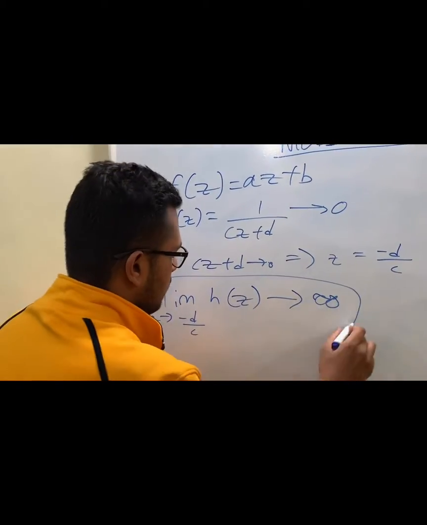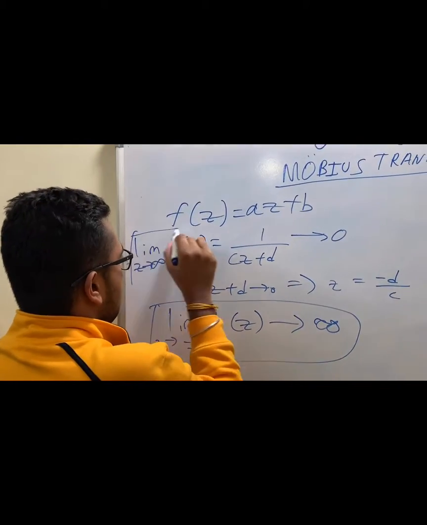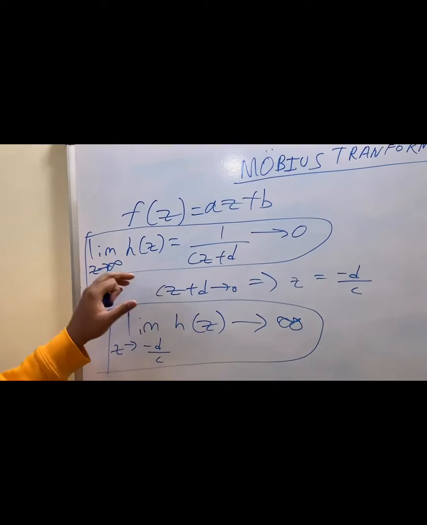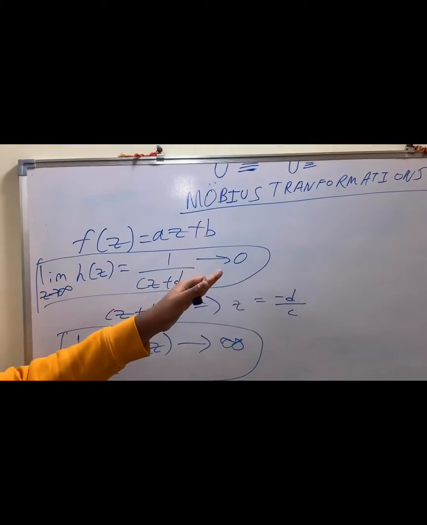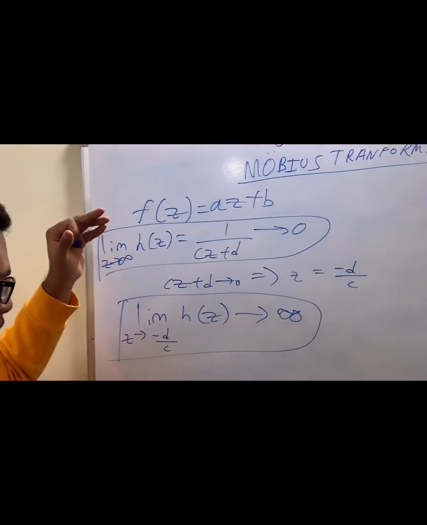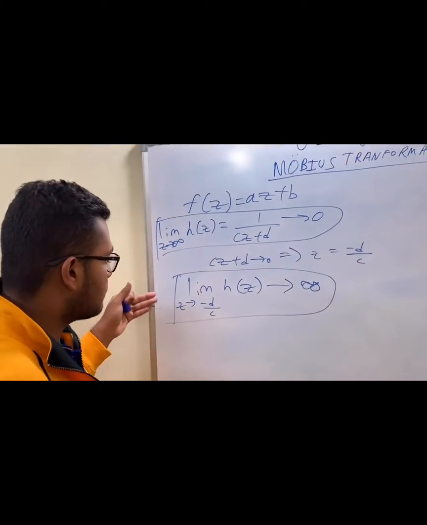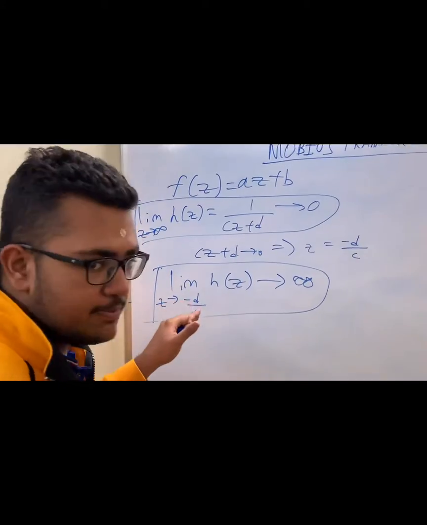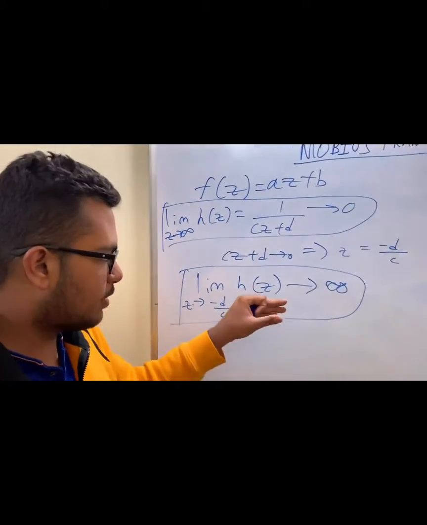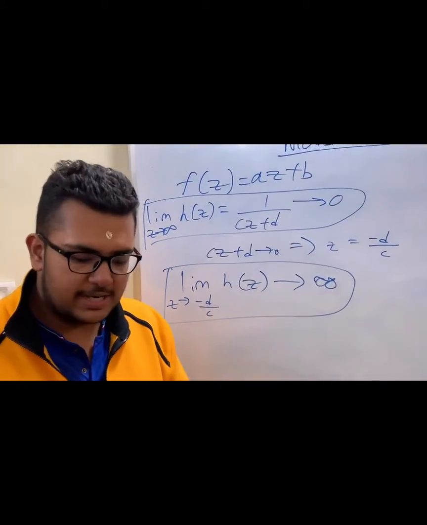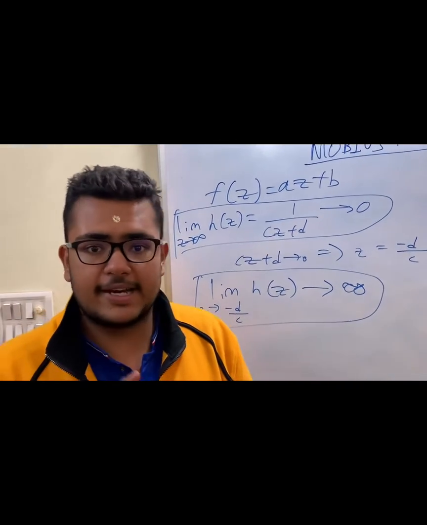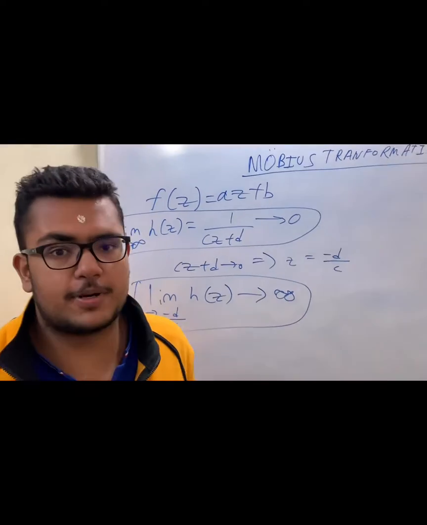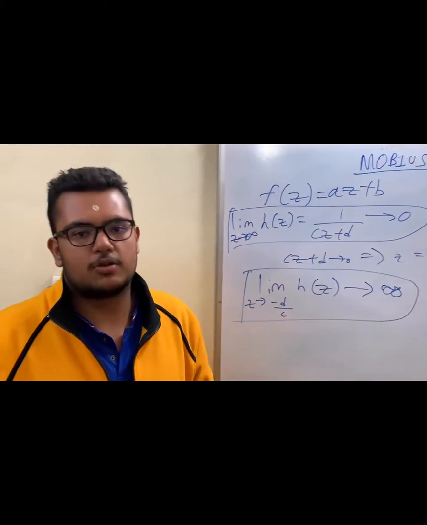That is to say, this maps points at infinity to 0, a finite point, and this maps the finite point minus d by c to infinity. So this map takes finite points to infinity and infinite points to finite points, and that is a brilliant property to have.